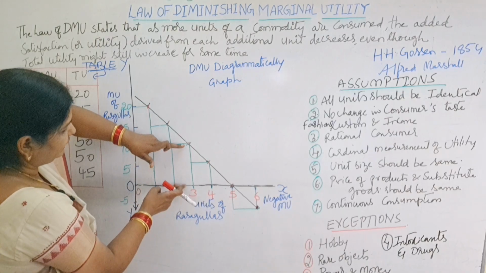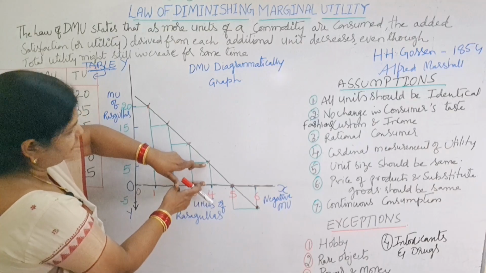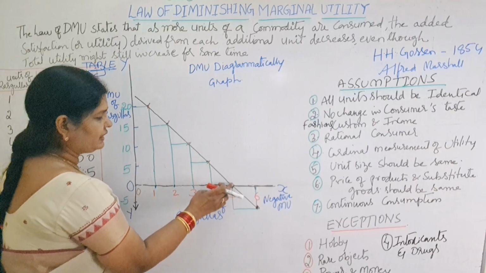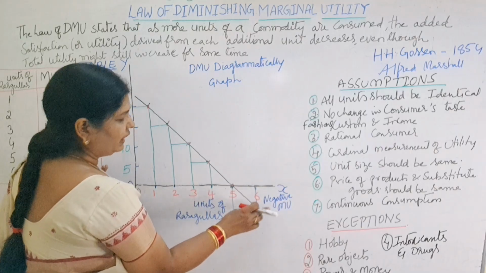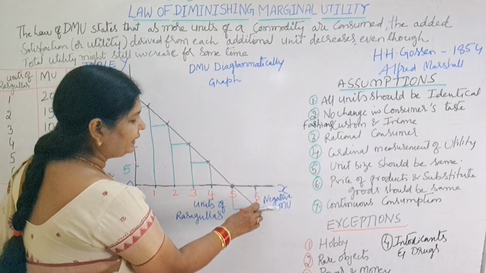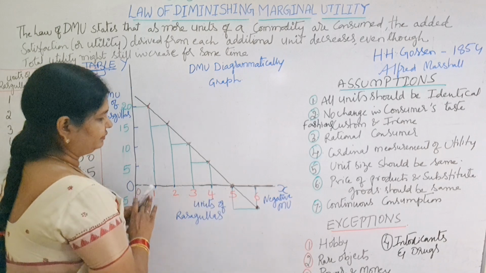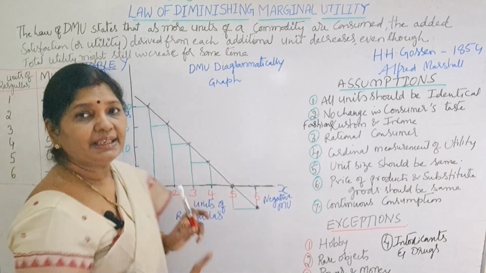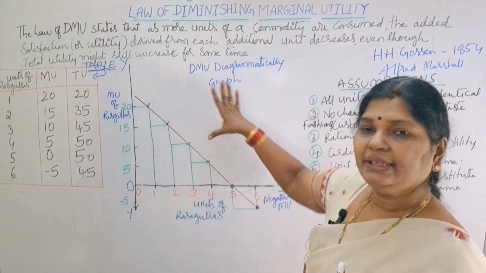Third rasgulla, it decreased. Fourth rasgulla, it still decreased. And at the fifth rasgulla, no satisfaction, meaning our MU is 0. And at the sixth rasgulla, our satisfaction is negative, so it is -5. Is it clear? Like this, we have to explain the table and show it in graph form.